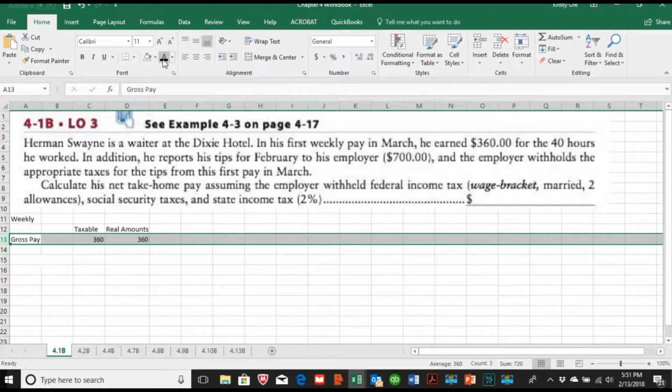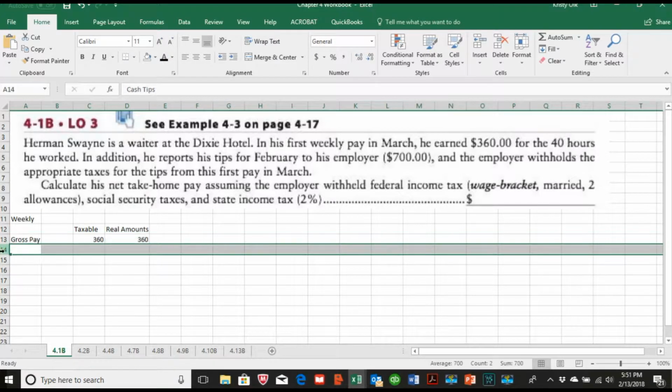So let's start with his gross pay. The $360 in wages that he will receive is not only taxable, but it's also real dollars. That's how much as an organization we need to pay him. From that, we'll withhold the applicable taxes. Add to that he had $700 in cash tips from last month.